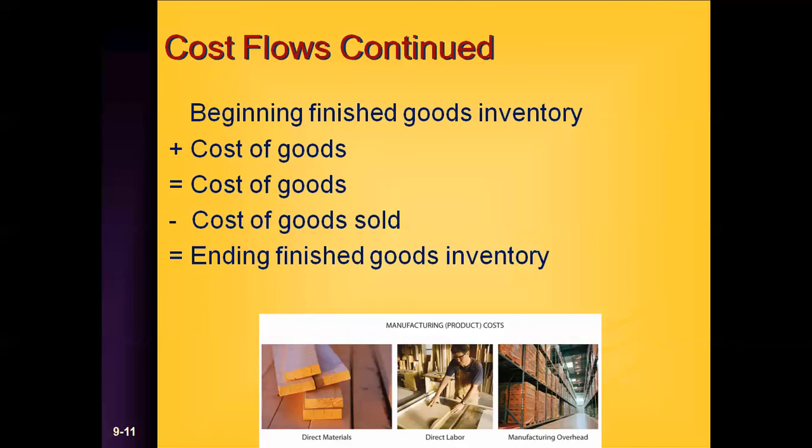Then you would add the cost of goods manufactured, and that sum would equal the cost of goods available for sale. You subtract the cost of goods sold, and then you would have your ending balance, or the cost of products finished but not sold in this particular period.